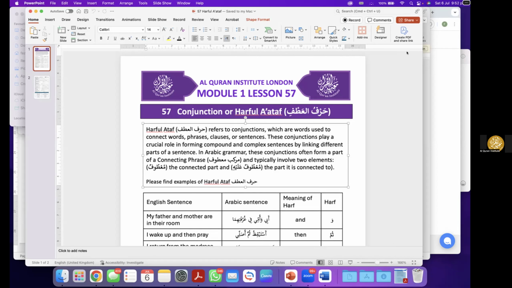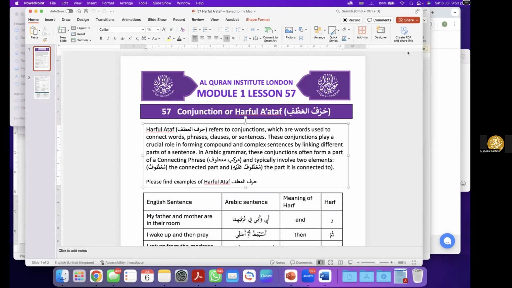What's the difference between phrase and sentence? Please come forward. A sentence conveys a full meaning; a phrase doesn't convey full meaning. Very good. And clause and sentence? There can be many clauses in a sentence.